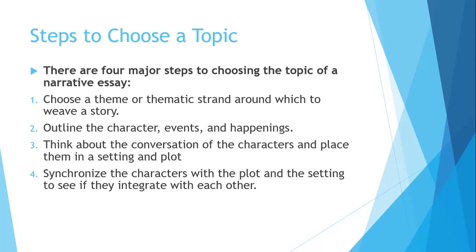So I do not choose just any characters, any conversation, any dialogue. I choose them wisely. Why? To be synchronized, to fit with my theme and all the setting. So do they go with each other? Do these characters support my purpose for writing this narrative? Do these events go hand in hand with the purpose and the events and the characters?